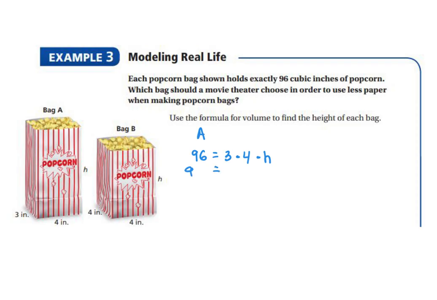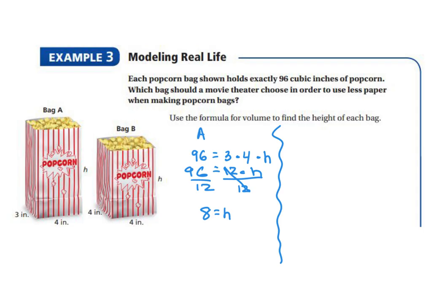So as we simplify this, we're going to get 96 equals 12 times h. Divide both sides by 12. The 12s cross cancel, and 96 divided by 12 is 8. So for bag A, the height is 8.